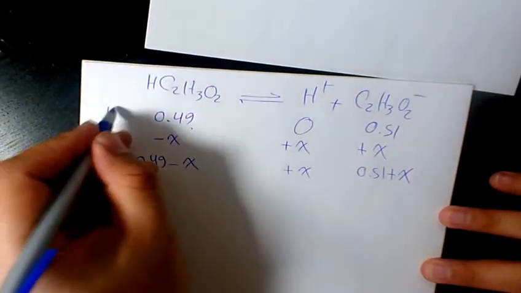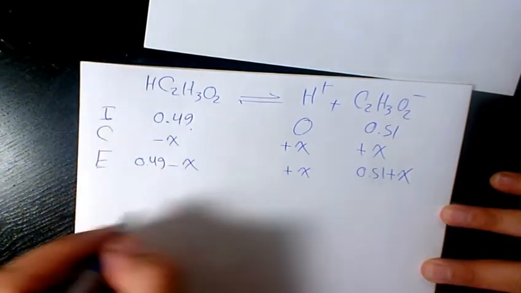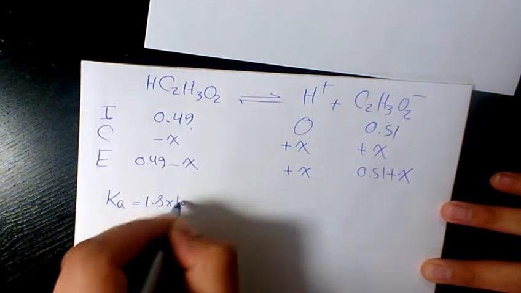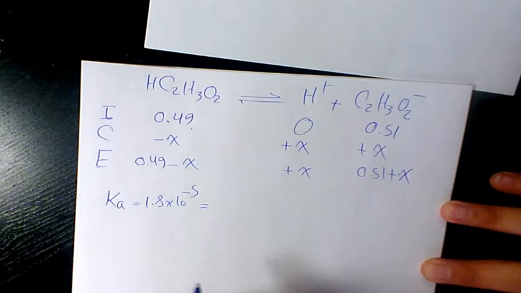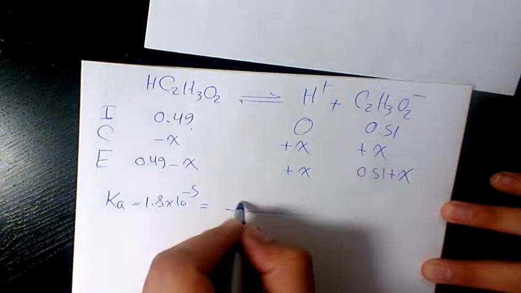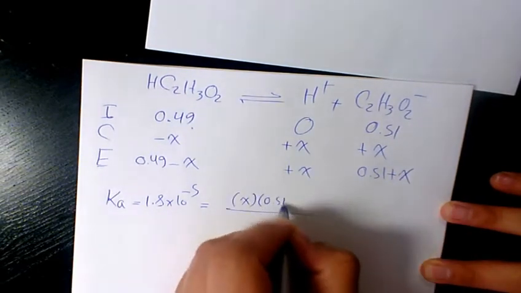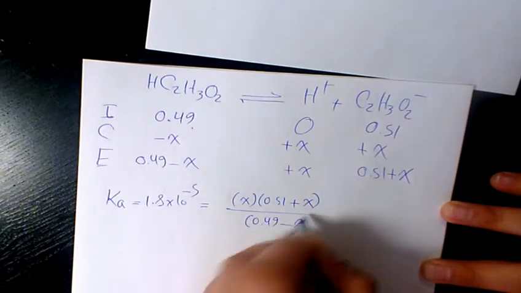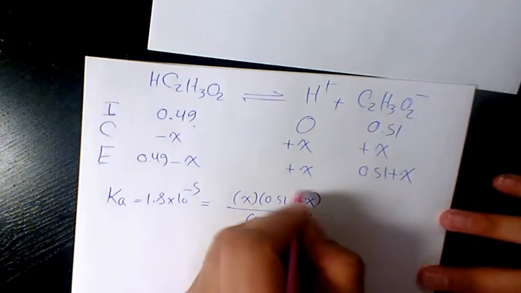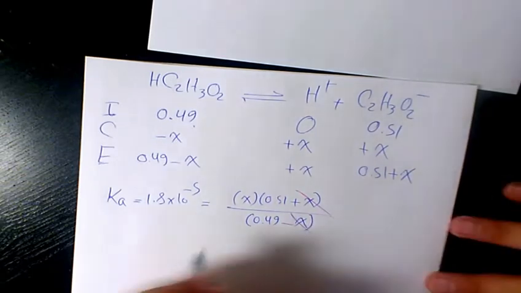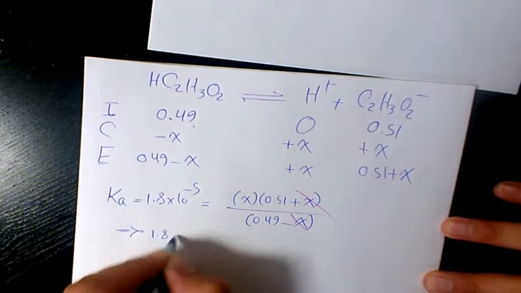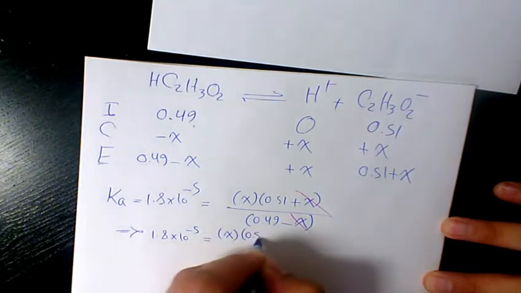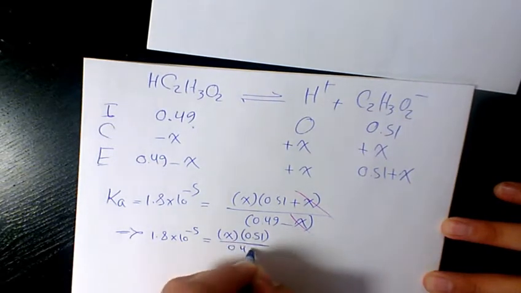That's the ICE table. So for equilibrium, which is going to be equal to Ka, and Ka is 1.8 times 10 to the power of negative 5 for acetic acid, equals x times 0.51 plus x divided by 0.49 minus x. We can neglect x from both sides and have 1.8 times 10 to the power of negative 5 equals x times 0.51 divided by 0.49.